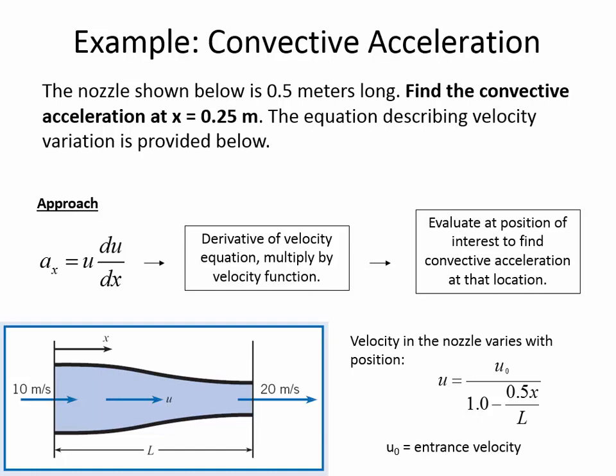And so in problems like this, they'll give you a formula that tells you how the velocity is changing over space, and then you'll need to take the derivative of that with respect to x so that you can multiply it by the velocity at the same location. And remember that the velocity is position dependent.